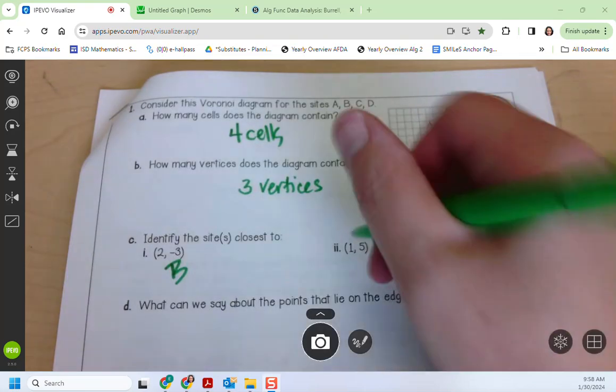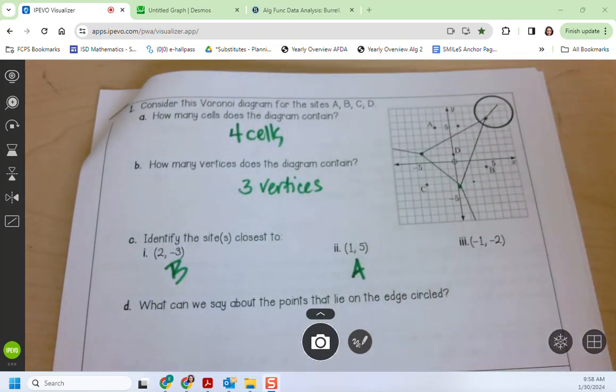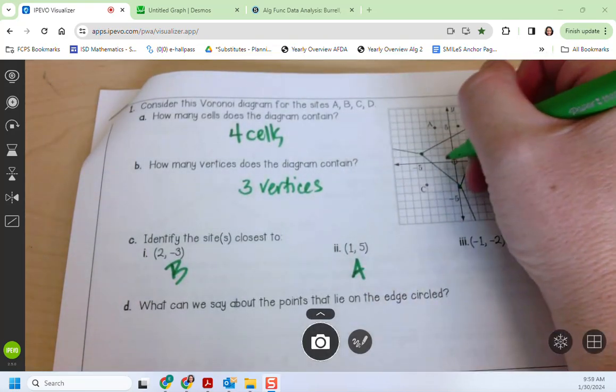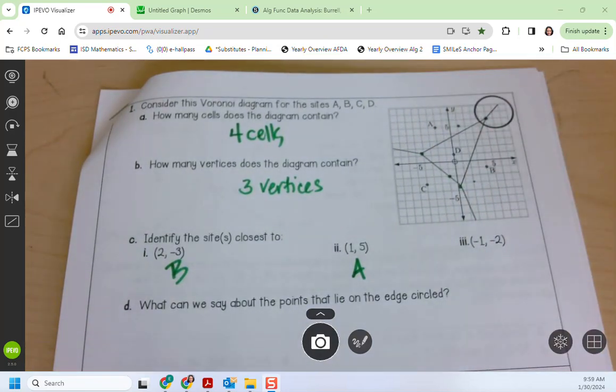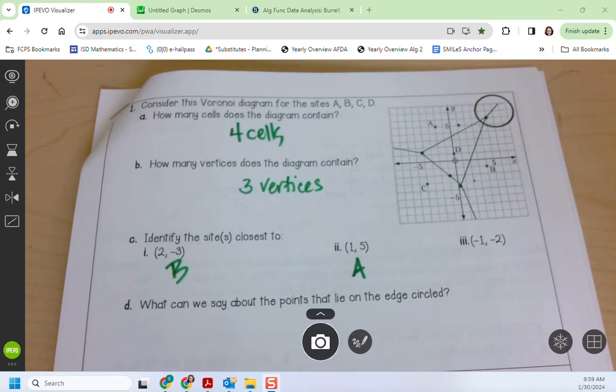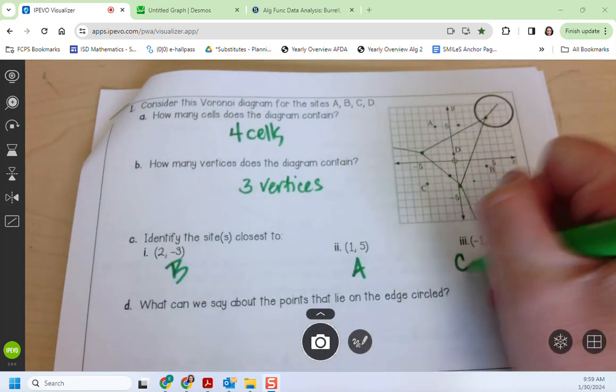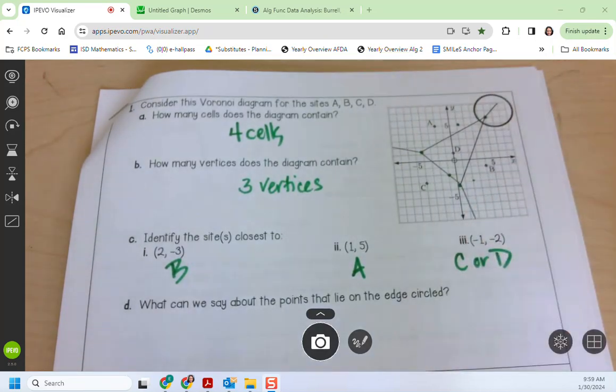Okay, good. And (-1, -2) is right on this edge, and that edge is separating what 2 sites? Separating C and D. So we would say it's equidistant from C and D. Yeah. So you could just say C or D. They're both good.